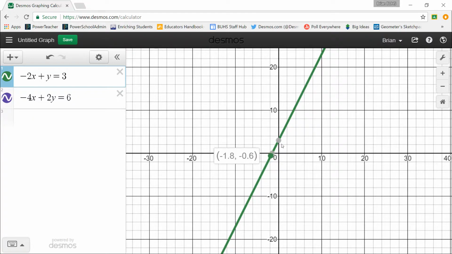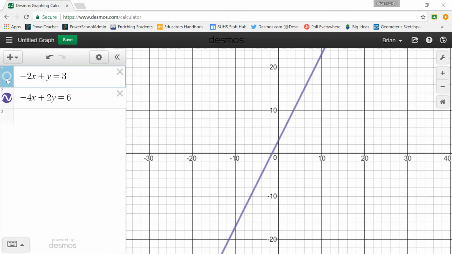Well, so the intersections are all of the points. There's the y-axis right there. 3. Yeah. So all of these points are solutions, including that y-intercept. And all of these points make both equations true, right?